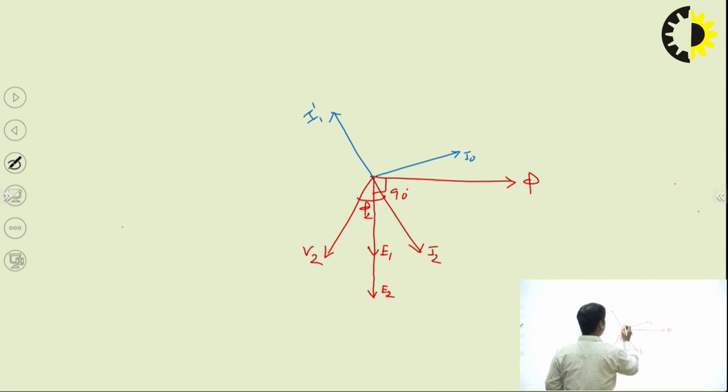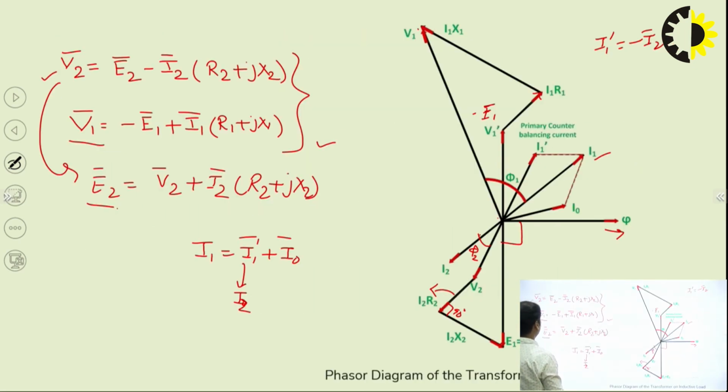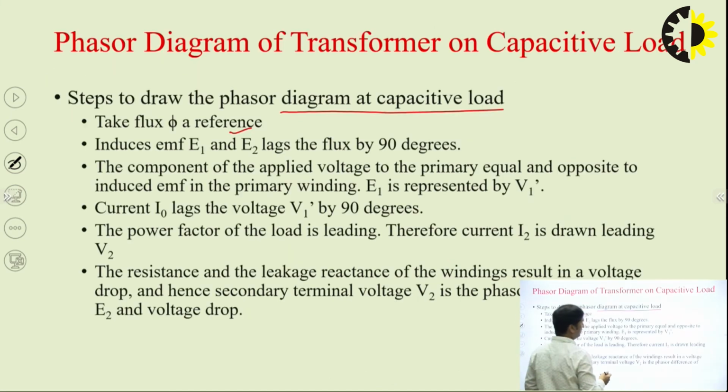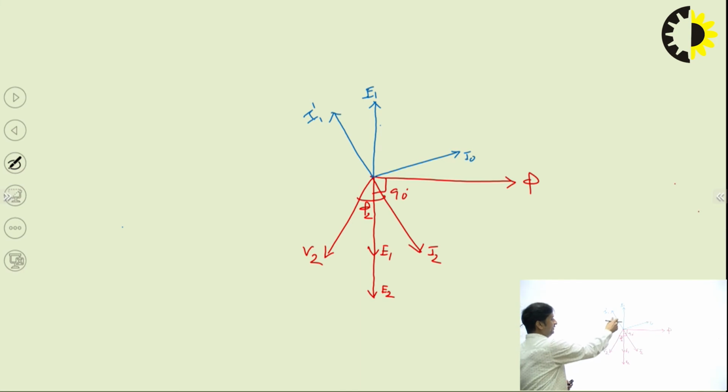Since E1, I have taken that, the E1, I minus E1. So means phase opposition of that. So minus E1 is this. So minus E1 is something like this.